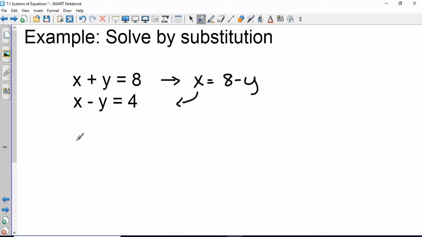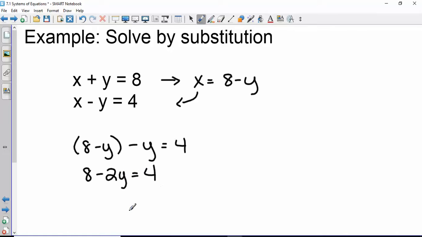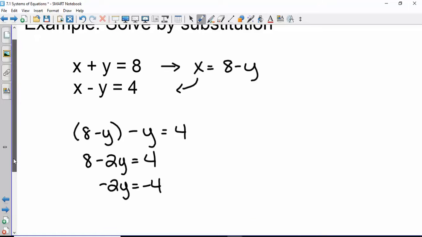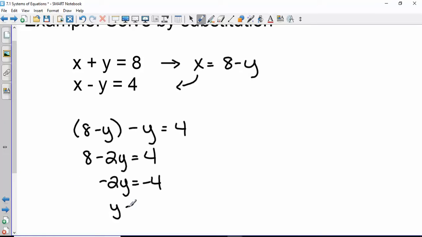In the second equation, we start with x, but x is 8 minus y, minus y equals 4. Negative y and negative y is negative 2y. Subtract over the 8. Divide by negative 2. So we get y equals 2.